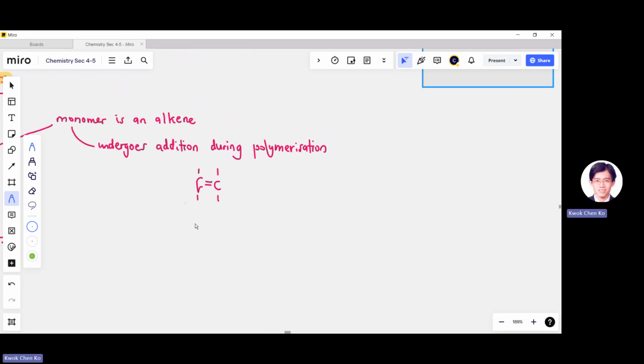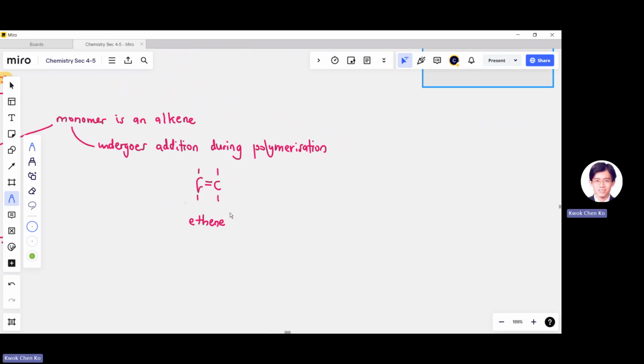This is 2 carbons. So what's the prefix? Ethene. No, you cannot have a carbon-carbon double bond with a single carbon. So look out for the double bond.